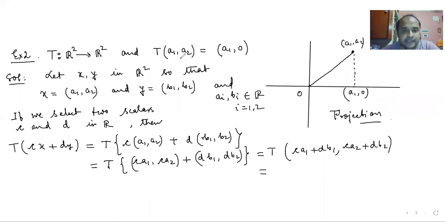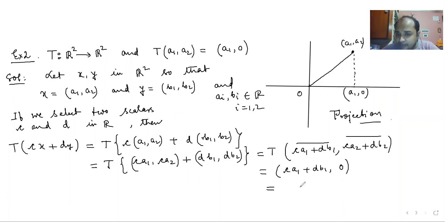And you know that according to the transformation, your first coordinate remains the same, but the second coordinate is projected to 0. So if I apply this, this is the first coordinate and this is the second coordinate, I can write it as Ca1 plus Db1 comma 0.